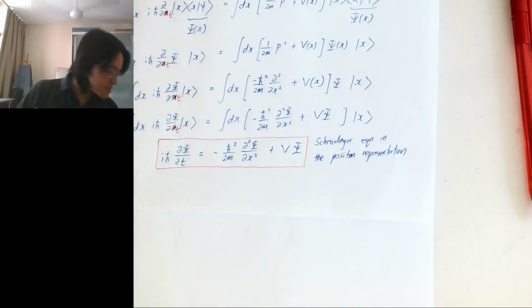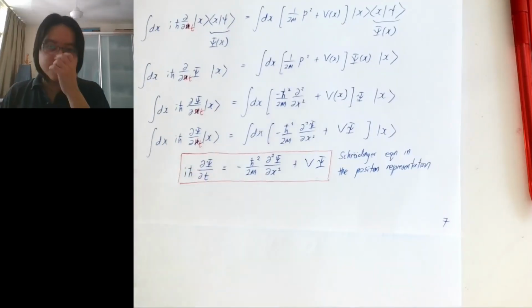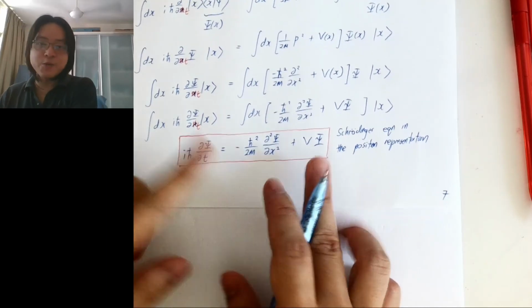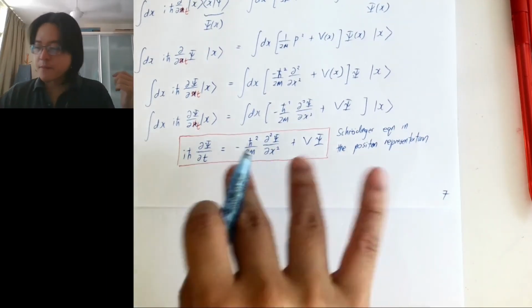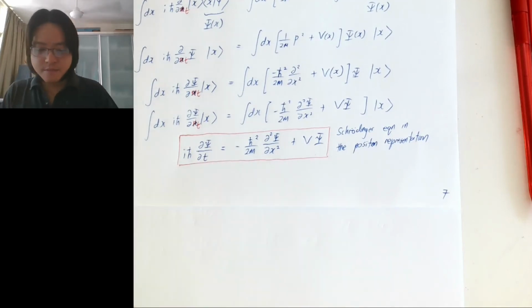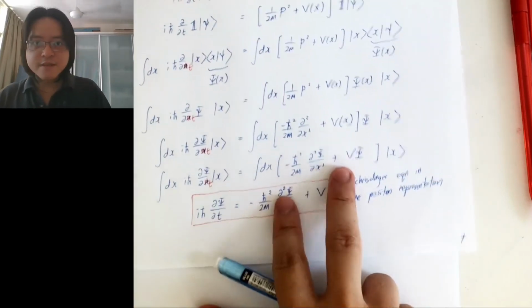So now you see the familiar face, hopefully. For those who did not take Prof. Ong's course previously, it's not familiar, but now we are doing it as if for the first time, so we come to this equation again. Is this clear?